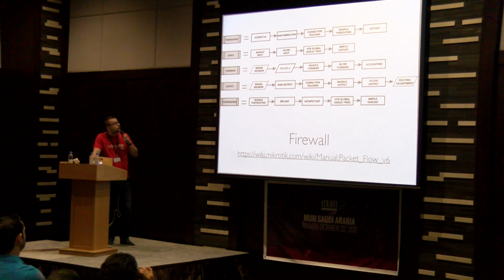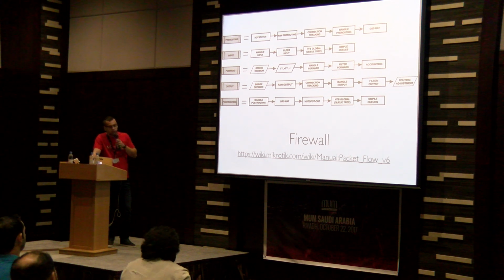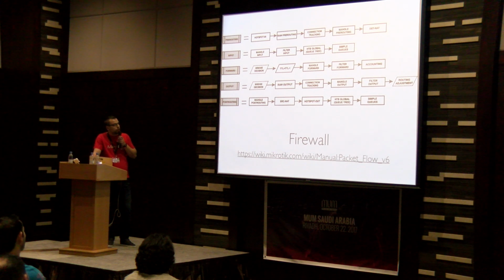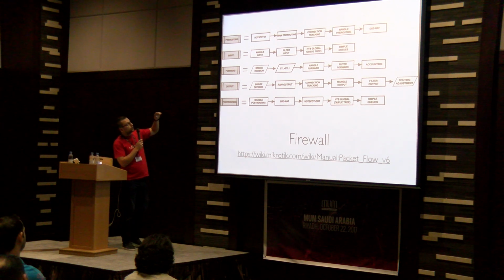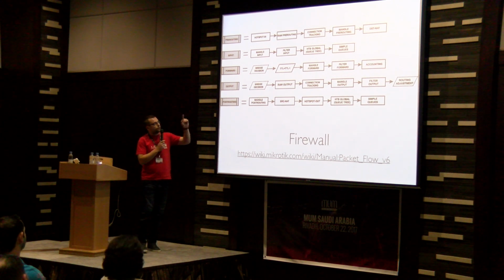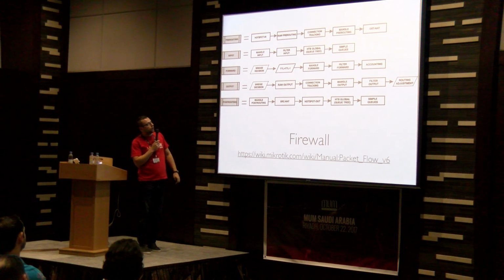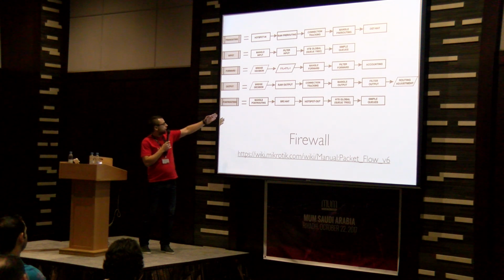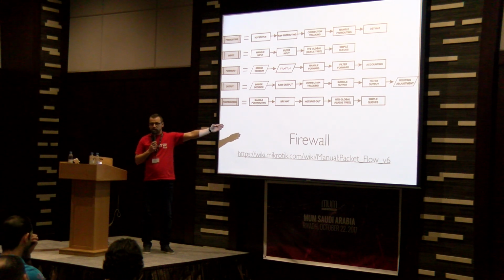So, for some people, this picture is a nightmare, but actually it's a manual which shows how packets are processed in RouterOS. At the very beginning, there's pre-routing, and then you see what happens after each step. For example, SRC-NAT happens in post-routing.